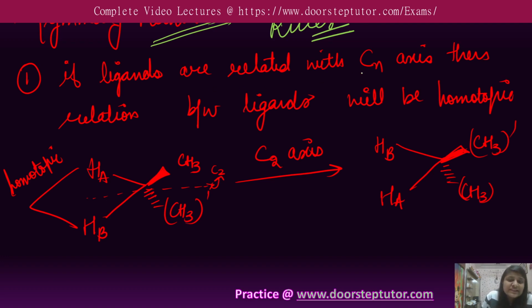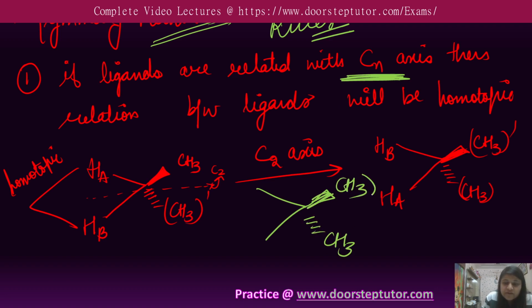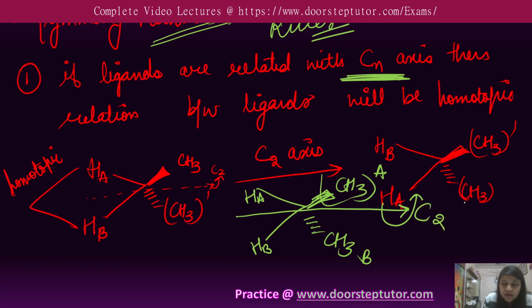So if we have ligands and those ligands are related by a Cn axis, I have considered this particular compound like this. We have a methyl group here and a methyl group here. I have marked this methyl group as A and this one as B, and we have hydrogens HA and HB. Just consider a Cn axis passing between them, say a C2 axis.